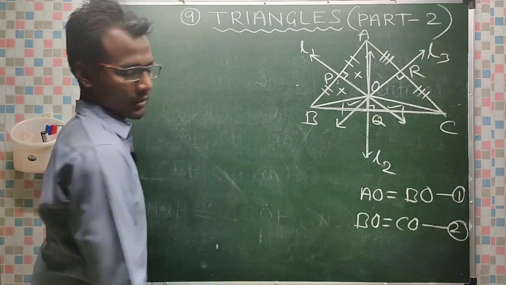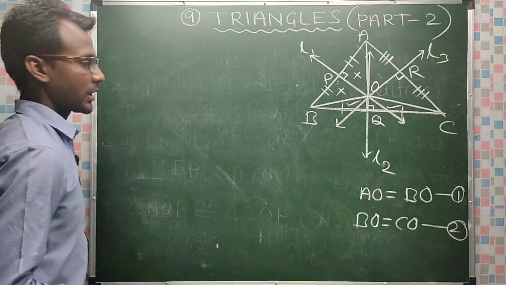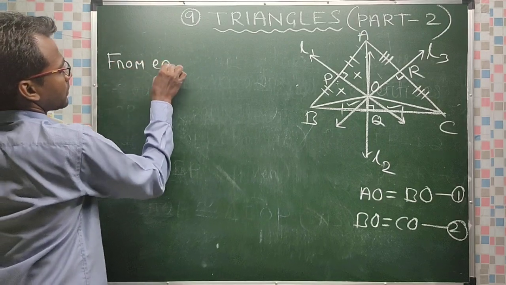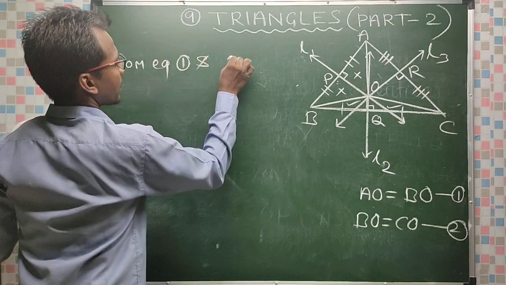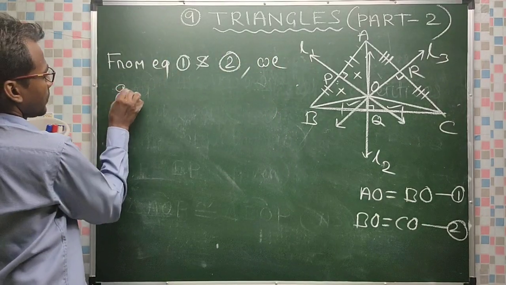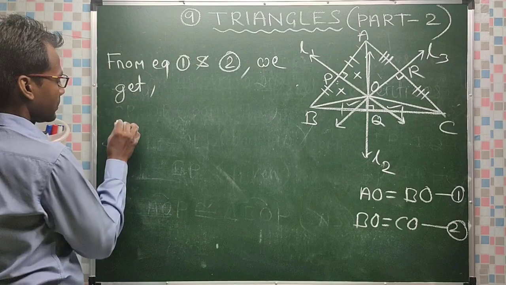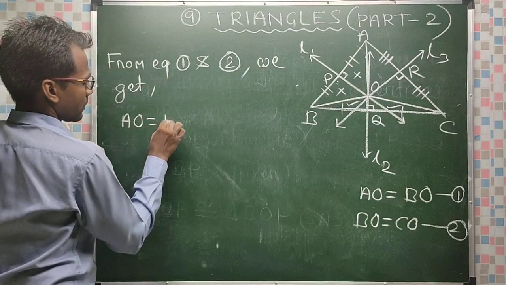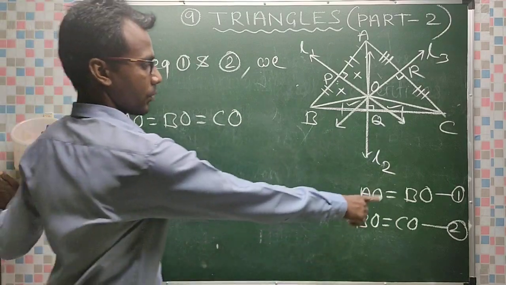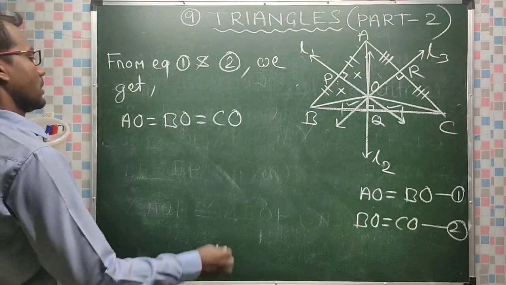Okay. So now we can write from equation 1 and 2, we get AO is equal to BO is equal to CO. Okay, see, from equation 1 and 2 we are getting this.